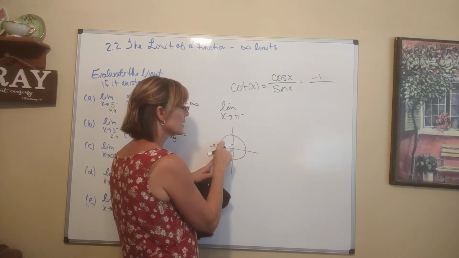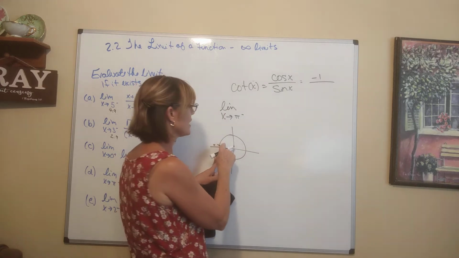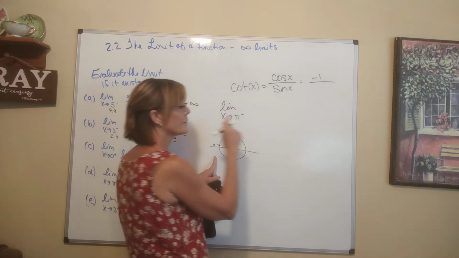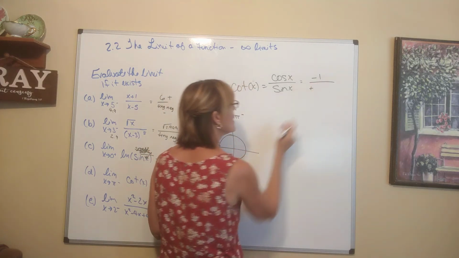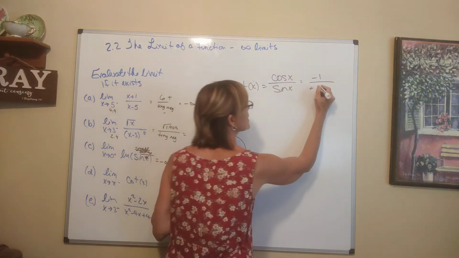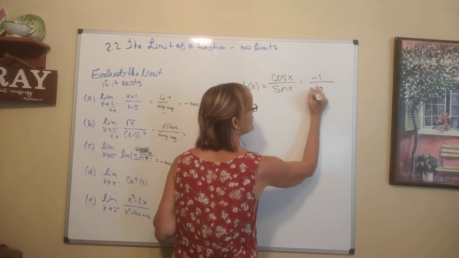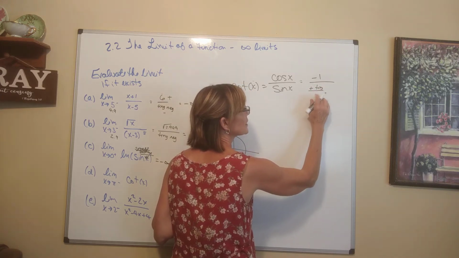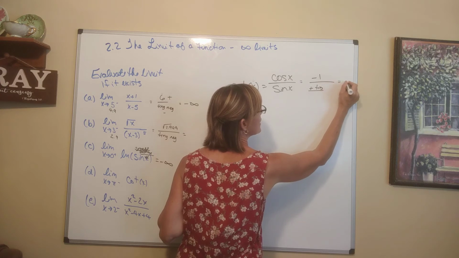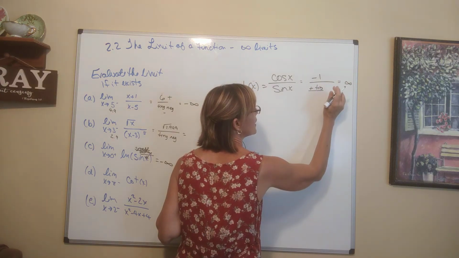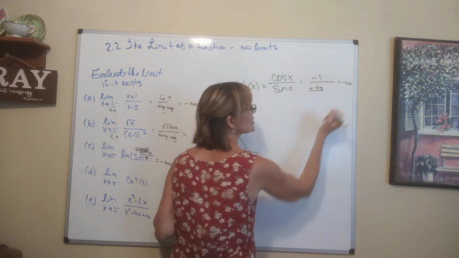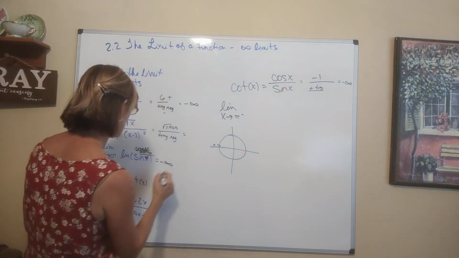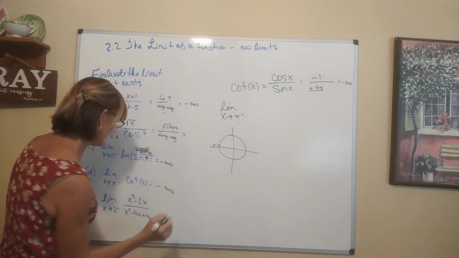The sine is up here, so it's positive, right? Because it's still up above the x-axis, so it's positive, but it's almost 0. It's tiny and positive, close to 0. Something being divided by something that's 0 is going to go to an infinity. A negative divided by a positive gives us negative infinity. So that's going to be negative infinity.